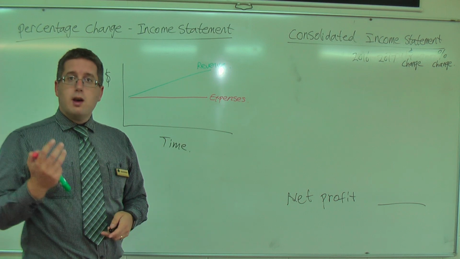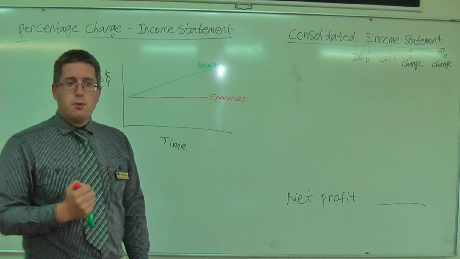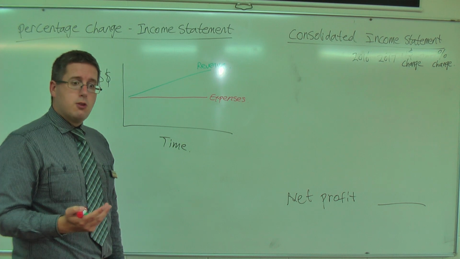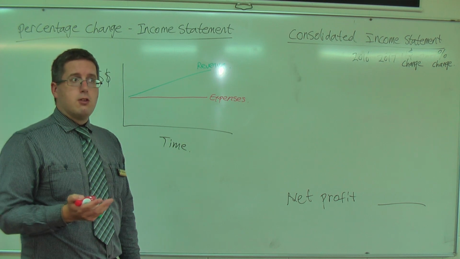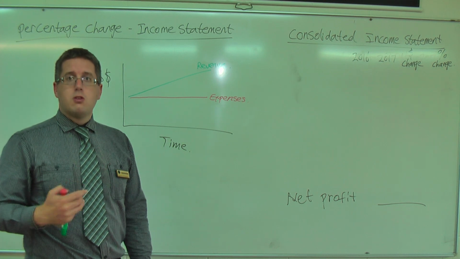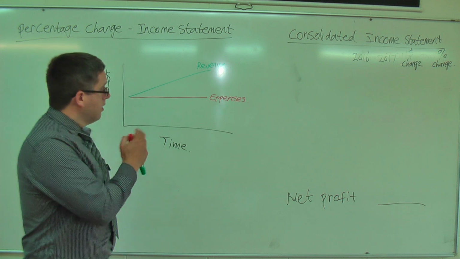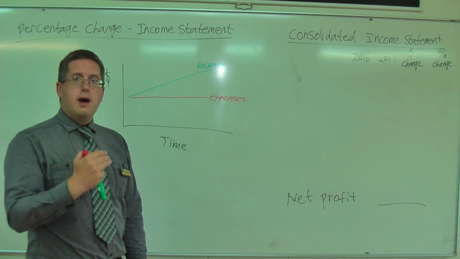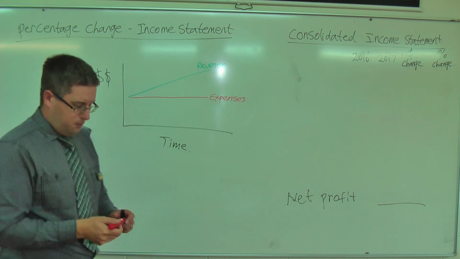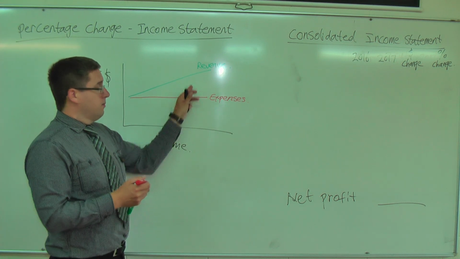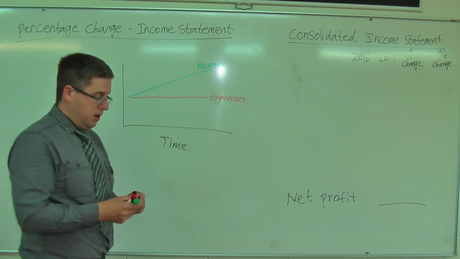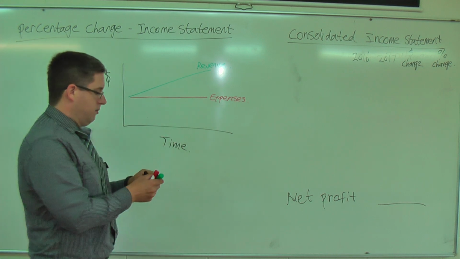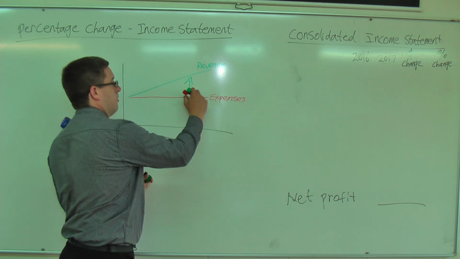Well, sometimes it might be because of a price increase, or maybe they've implemented revenue management, or maybe there's a major event like a rugby tournament, a sporting tournament, that has allowed them to increase prices, but expenses stay the same. Now this is very favourable for the hotel, because the difference between the two is profit.